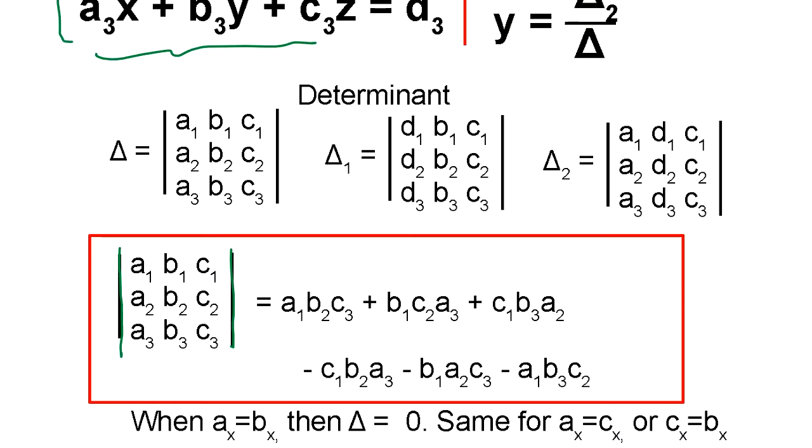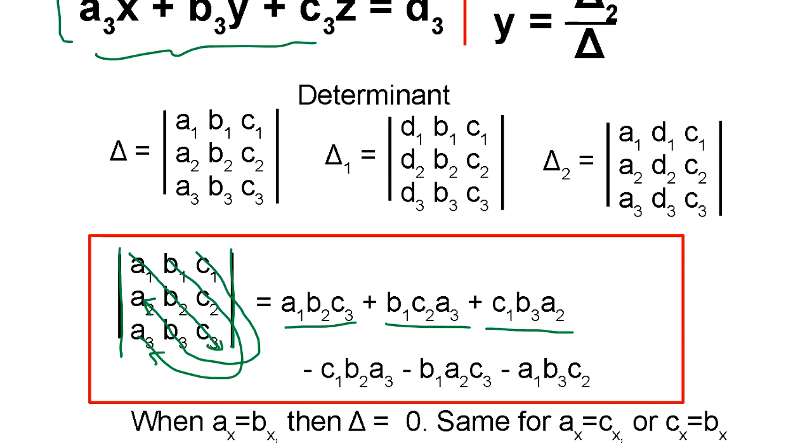The rule for this 3 by 3 is that we have a positive side and a negative side. The positive side goes this way. This is the first term, and this is the second term, which is b1, c2, a3, and the other one goes this way.